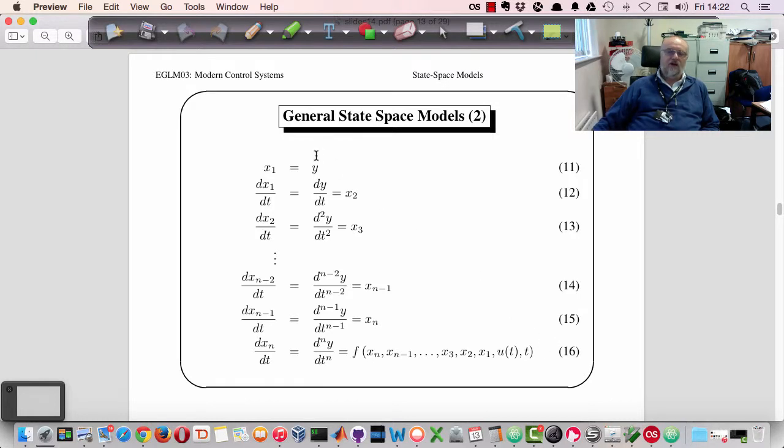So we can always convert any general nth order differential equation into this general state space format. We're not saying anything about the nature of f on this slide, although in the examples we'll be looking at, f is a simple matrix of coefficients.